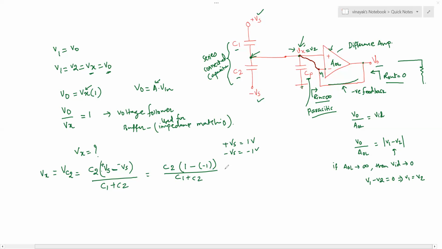So the voltage Vx becomes equal to C1 times 2 volts, divided by C1 plus C2. Similarly, the voltage across the other capacitor will be computed the same way. So choose the values of C1 and C2 and you get the value of Vx. And then the output is equal to Vx. That is the beauty of this circuit.